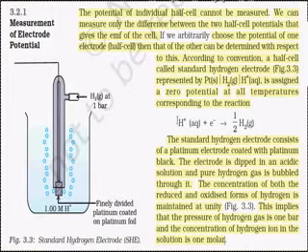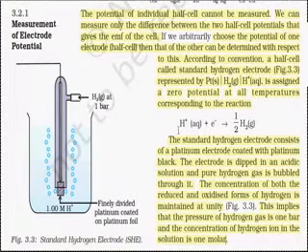So if the standard hydrogen electrode is undergoing a reduction reaction, that is, if SHE acts as a cathode, then the reaction will be H+ + electron gives you half H2, or you can write 2H+ + 2 electrons gives you H2. Now if it acts as the anode, then the reaction will be H2 gives you 2H+ + 2 electrons. That is the oxidation half reaction.